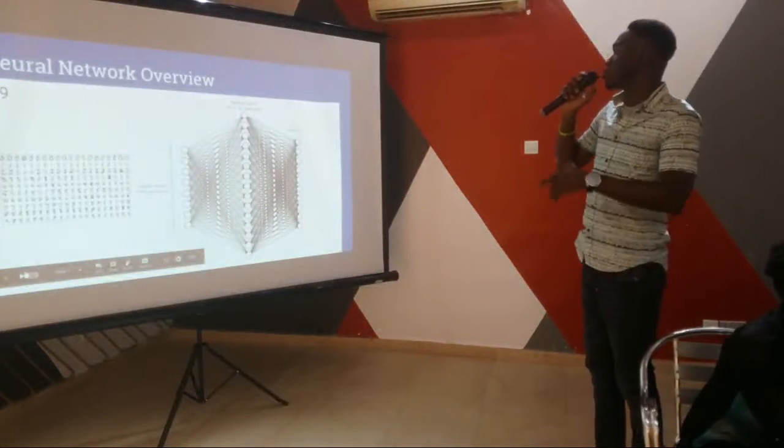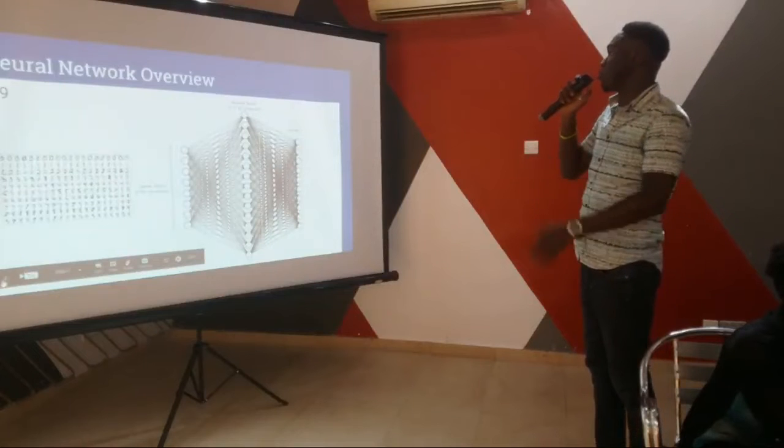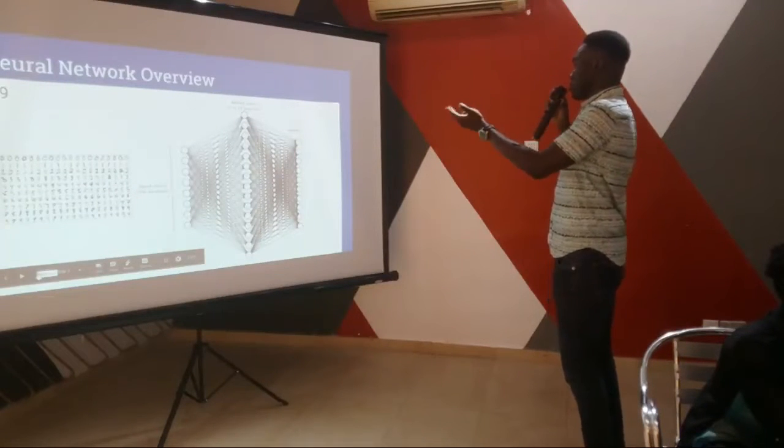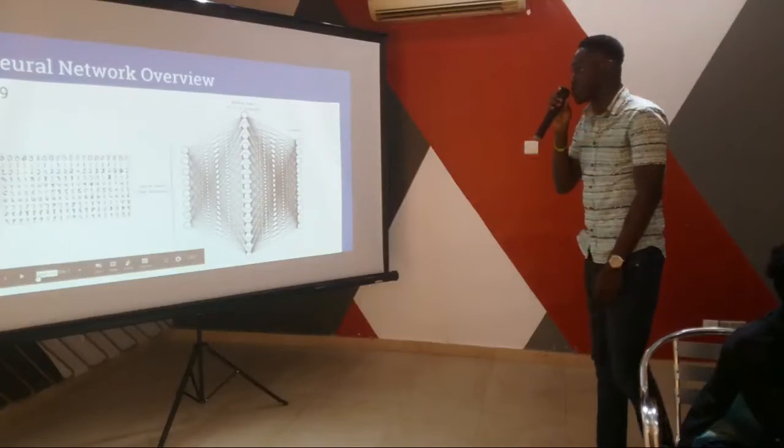And a neural network overview: the input has 15 neurons, the hidden layer 15 neurons, the hidden layer 200 neurons.